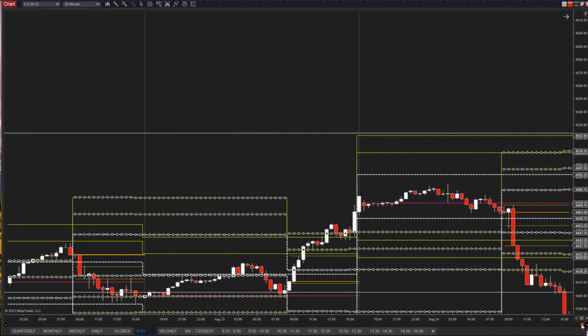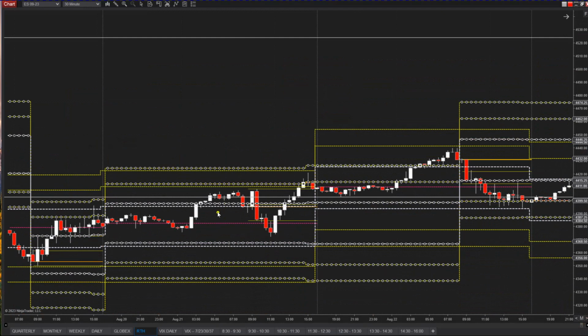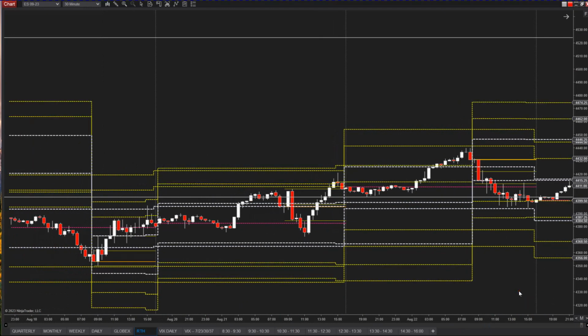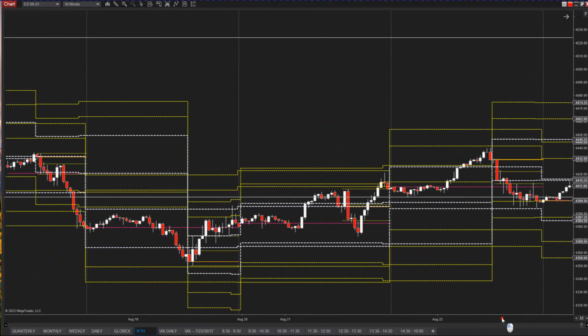But when you're in an RTH setting, it's good to look at the RTH 830 to 1500 or 1515 or 1600, whatever you use. I think the algos were so tied to 1515 for a long time that that distribution pretty much works.